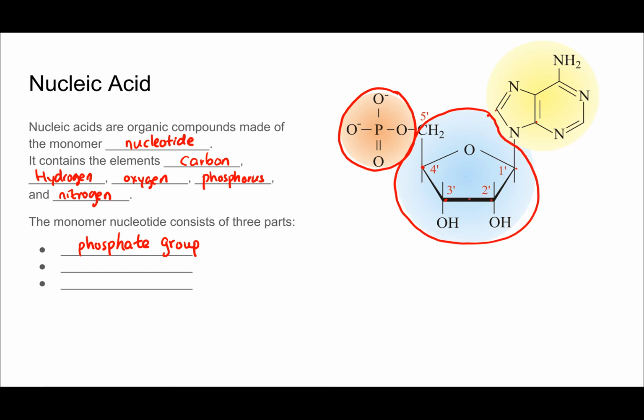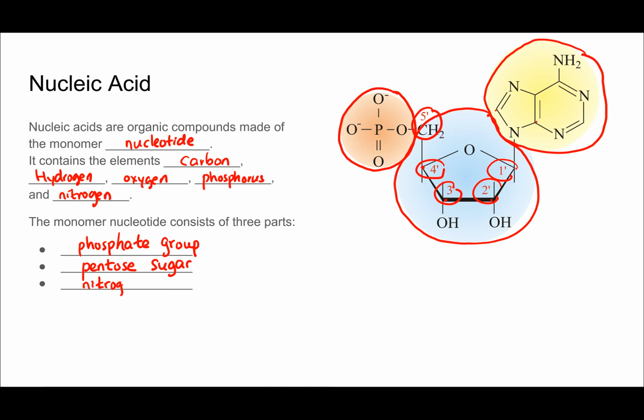You can notice that this is a ring-shaped structure of a glucose, and it has 1, 2, 3, 4, and 5 carbon. So that's why it's also known as a pentose sugar. Pent represents 5, so 5-carbon sugar. Next, we notice that this yellow group right here is containing nitrogen, so it's also called a nitrogenous base.